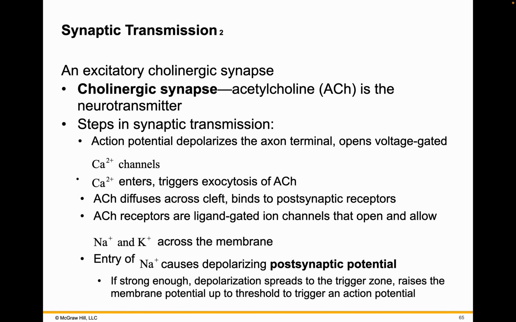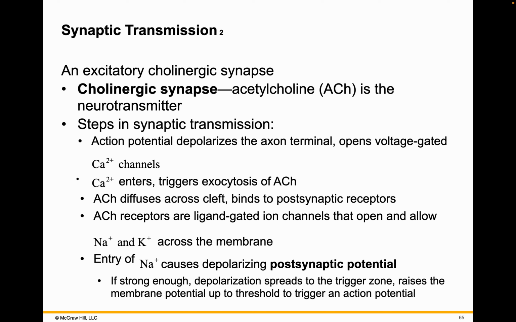So the cholinergic synapse is excitatory. Action potential will depolarize the axon terminal, opening voltage-gated calcium channels. Calcium will enter, trigger the exocytosis of acetylcholine. That acetylcholine will diffuse across the cleft and bind to postsynaptic receptors.